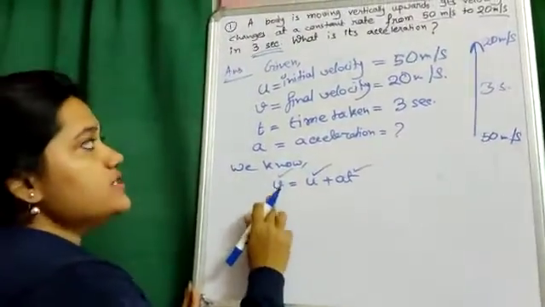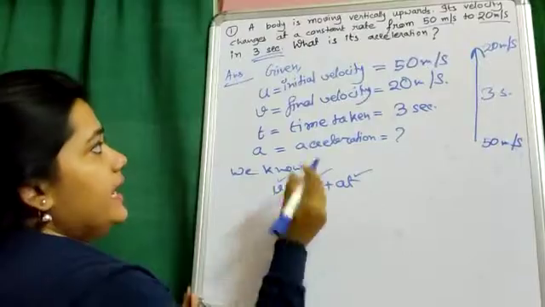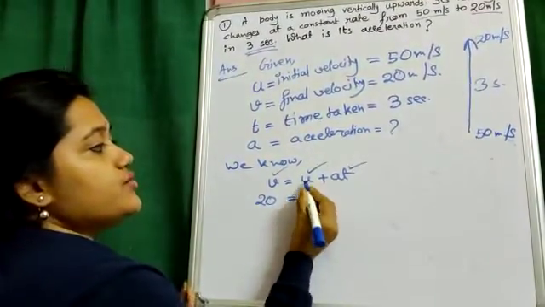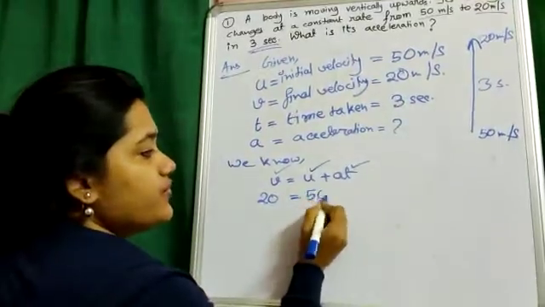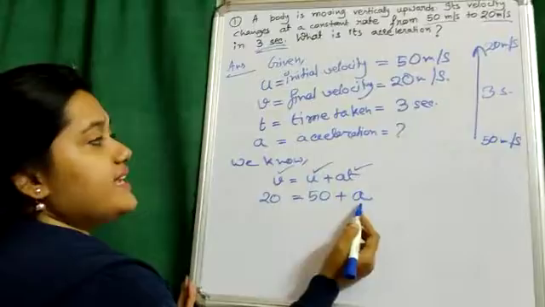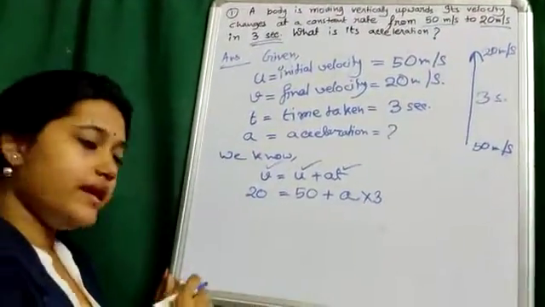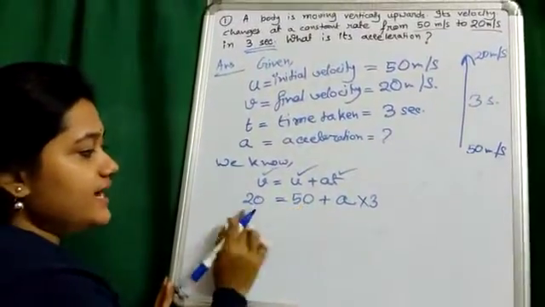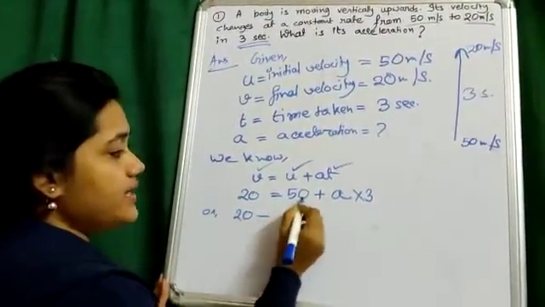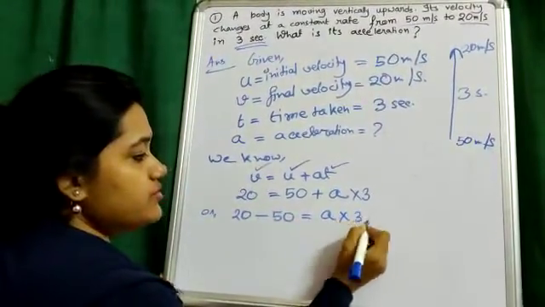So let us put the given values here. In place of v, I am placing 20, equals u, which is given as 50, plus a, which we don't know, so I am writing it as a, times t, which is given as 3. Now I am changing the side. 20 minus 50 equals a into 3.